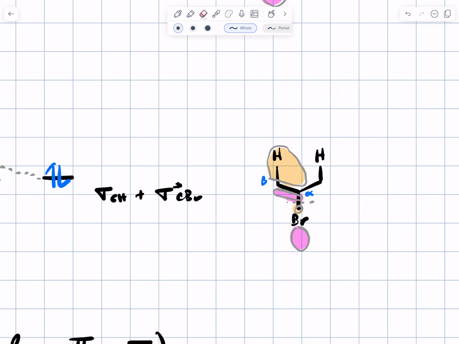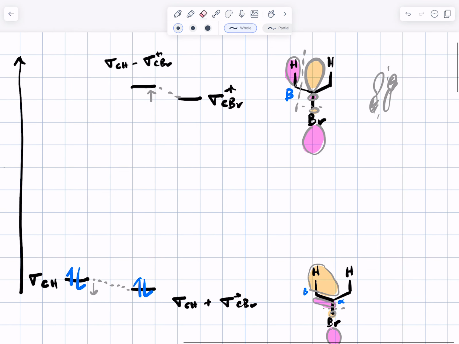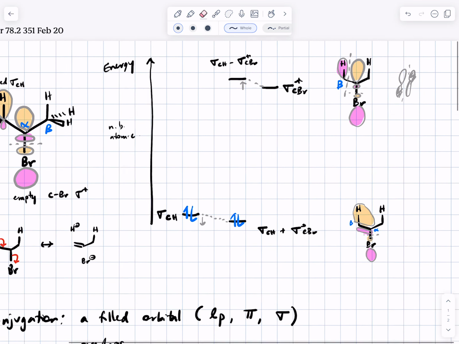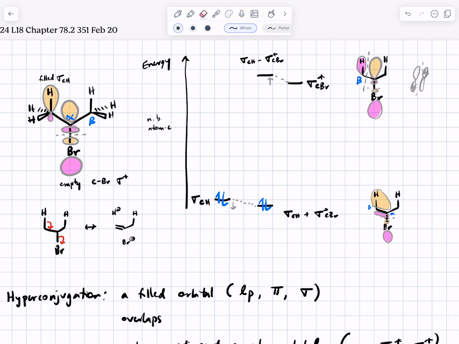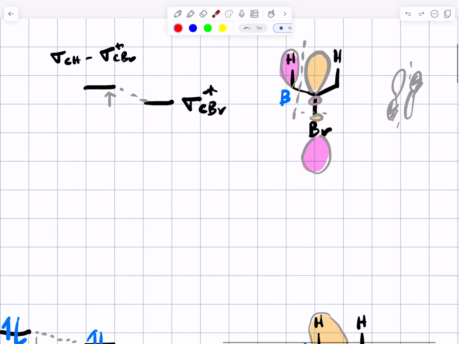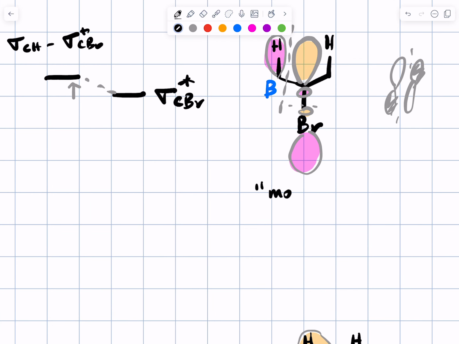The reason we're doing this at this time is so that now you can understand that a nucleophile looking at this molecule doesn't just see the sigma star on the carbon-bromine bond. It actually sees two things, that LUMO, which is still mostly the carbon-bromine sigma star, but a little bit the carbon-hydrogen bond.